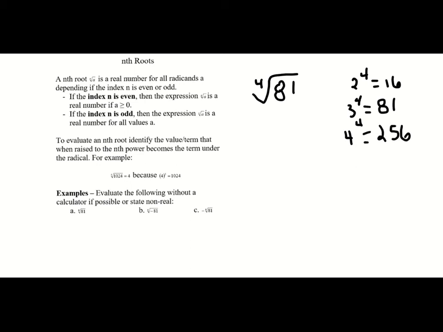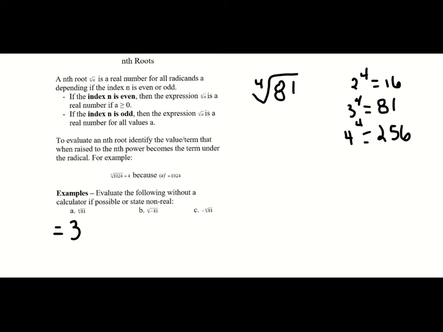And you can keep going. Having this list to look at in the beginning will help you, and later on you won't need it because you'll be familiar with them and you'll remember them, or you'll be able to test it out really quickly to see if it's right. So the fourth root of 81, we just figured out, is 3.